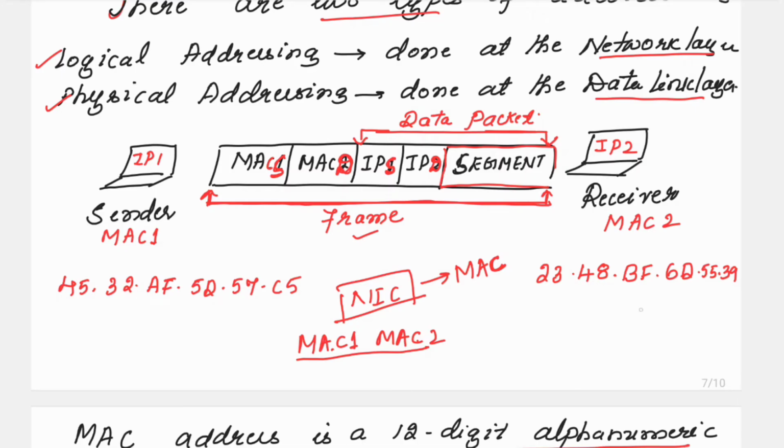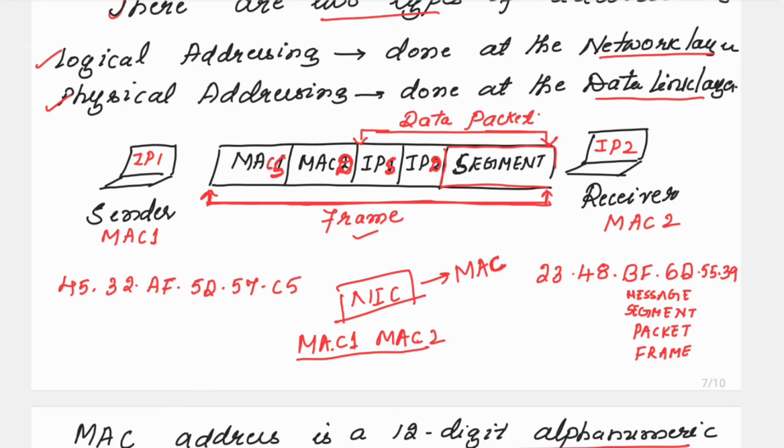So you started calling it a segment. First at the application layer you call it a message, then comes the segment, then at the network layer you call it a packet, and finally at the data link layer you call it a frame.